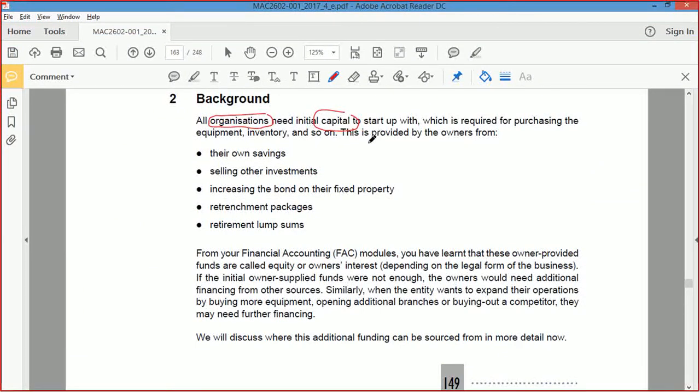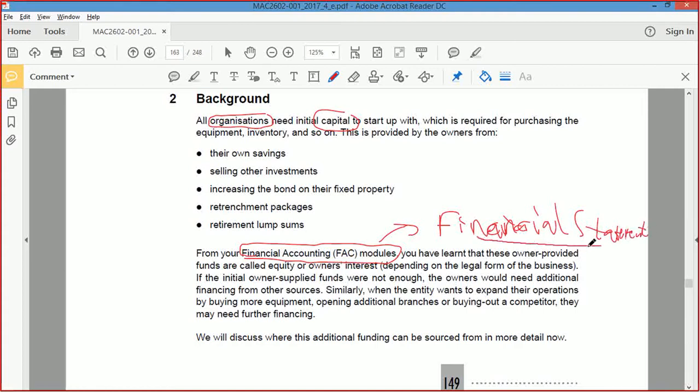Okay, why do we need capital? Well, it's important for growth. Right, from your accounting, you know that information needs to be presented to the users. Okay, and what do the users use? They use the financial statements.